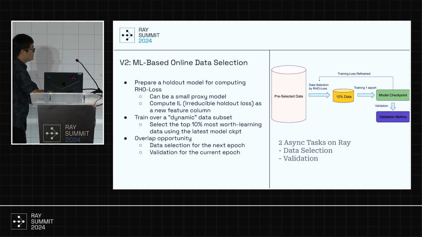So as you can see, there is an overlap opportunity. Basically, we can overlap the data selection phase for the next epoch and the validation for the current epoch. By using Ray, we can easily kick off two async tasks. One is data selection, one is validation.